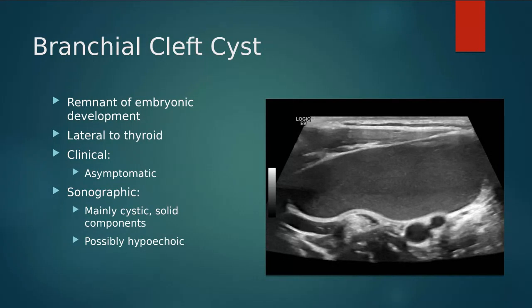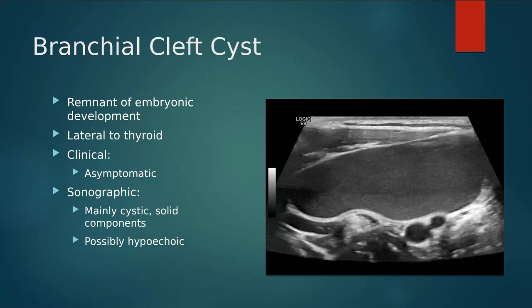Those very primitive initial structures usually start to develop into more complex, sophisticated structures. For some reason in these patients, these primitive structures just never dissipate. And that's fine and normal, but we just need to know what this is if we happen to see it.